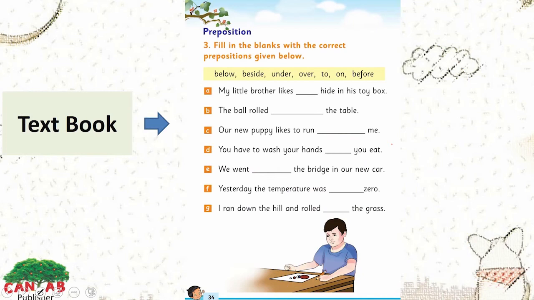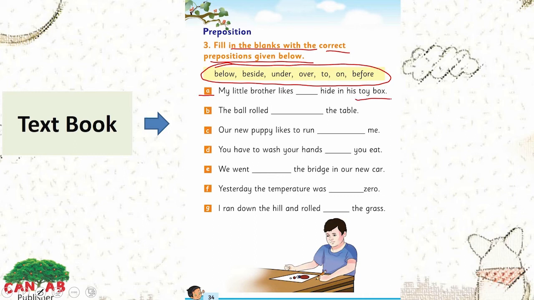Page number 34 of your textbook. Let's do the exercise of it. Fill in the blanks with the correct preposition given below. These are the prepositions. You have to choose the correct one and fill these blanks here. My little brother likes to hide in his toy box. So here the toy box and brother, we have two nouns here.